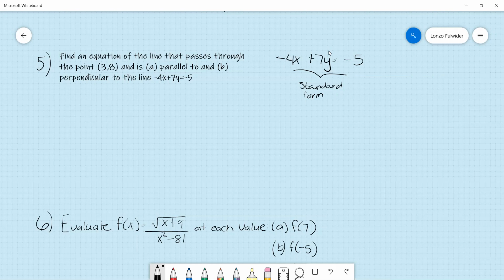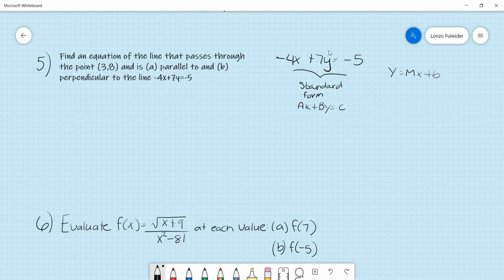This is still technically a linear graph. In standard form, this is ax plus by equals c. So now we got to put it in slope-intercept form, y equals mx plus b. So what we have to do is get y by itself.